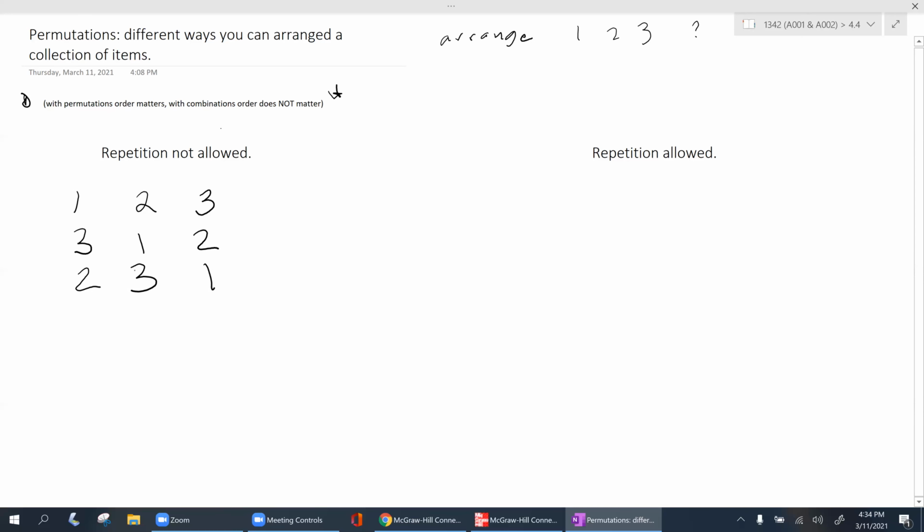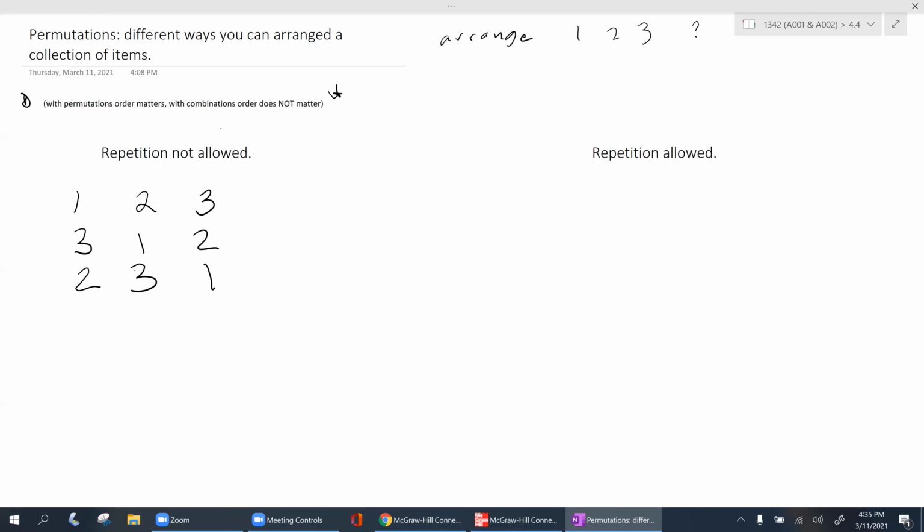Pushing all these numbers in a line gives you an arrangement. Whenever I'm doing these by hand, this is one way that I can show it.